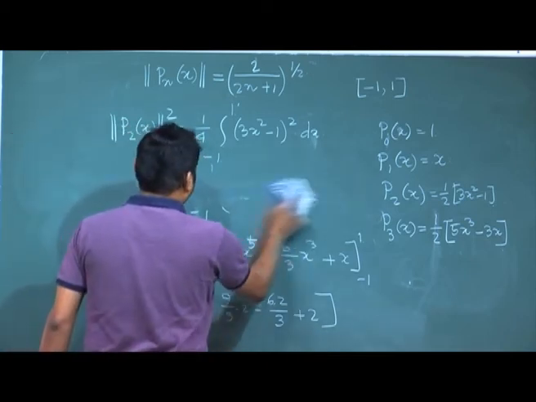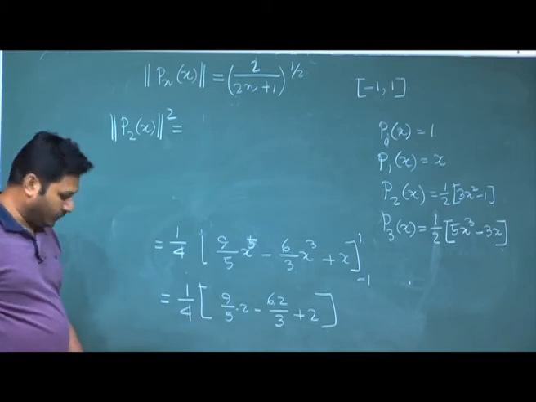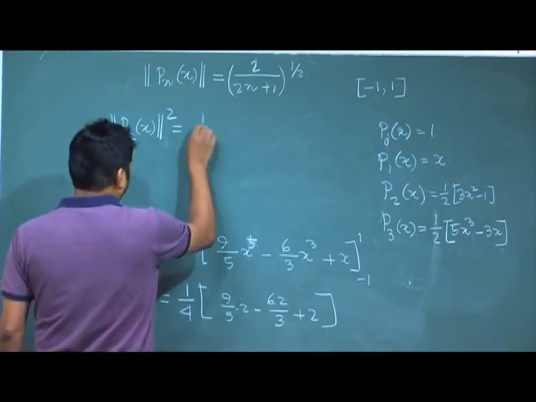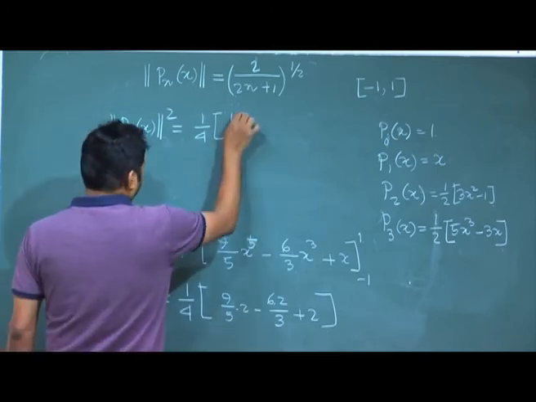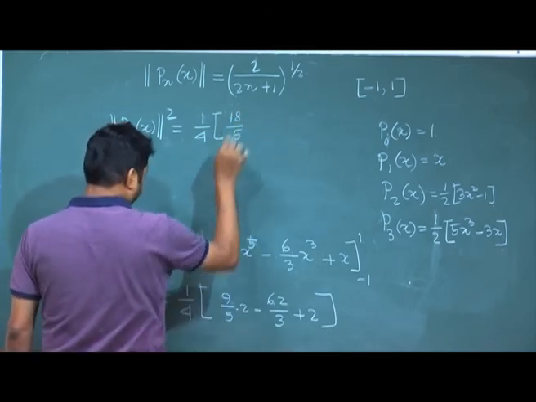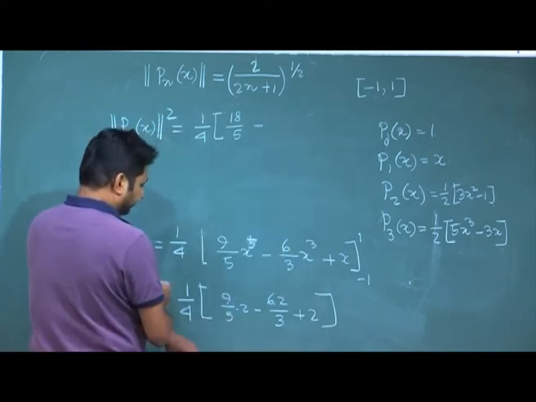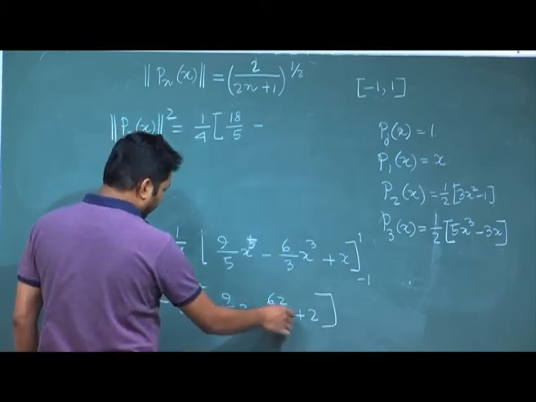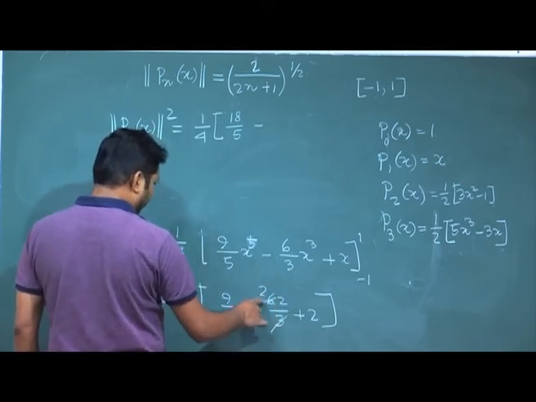Okay, so finally, this value comes out to be 1 by 4 times 18 by 5 minus, this 3 will cut with this 6 with 2, so this is 4.